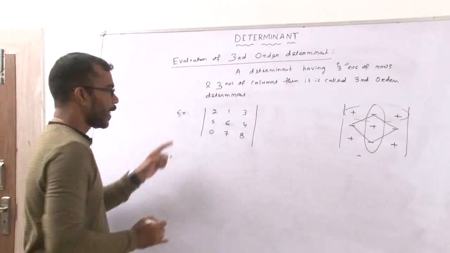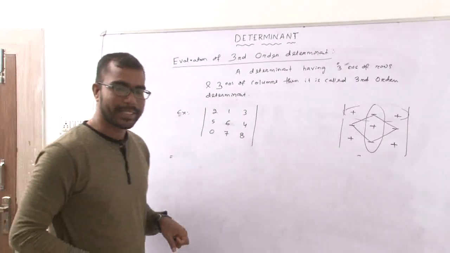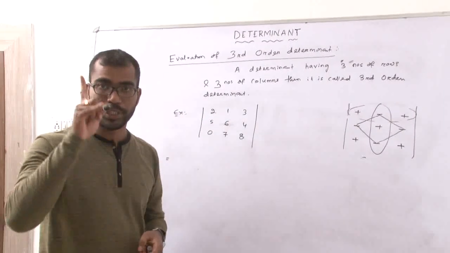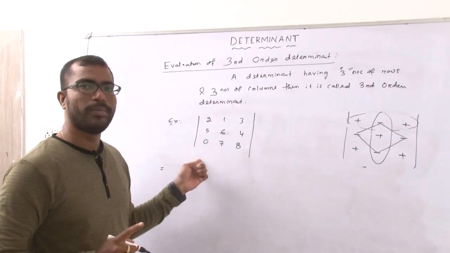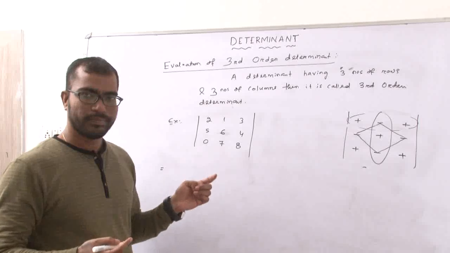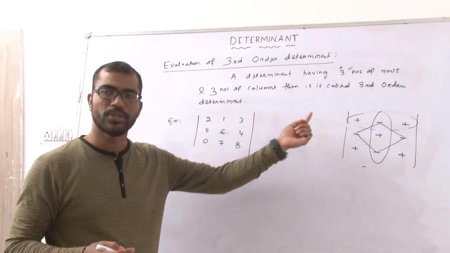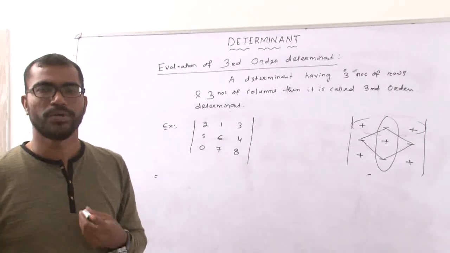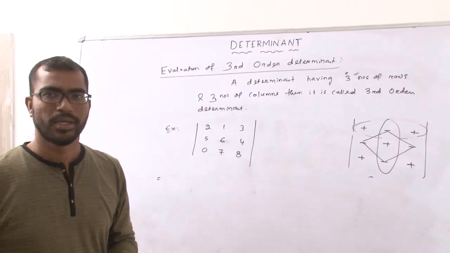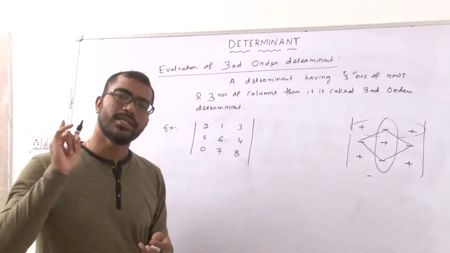In this determinant we can evaluate in 6 different ways, but we can solve it in any one way. That means we can expand along R1 or R2 or R3 or C1 or C2 or C3. In all those ways, the answers are the same.